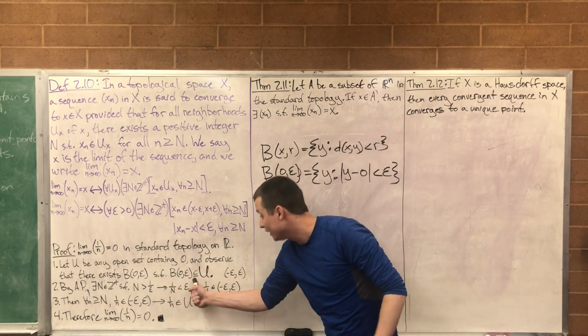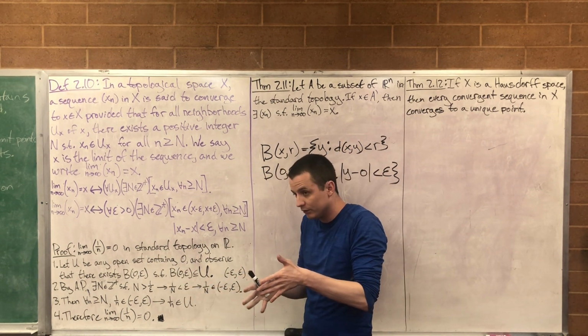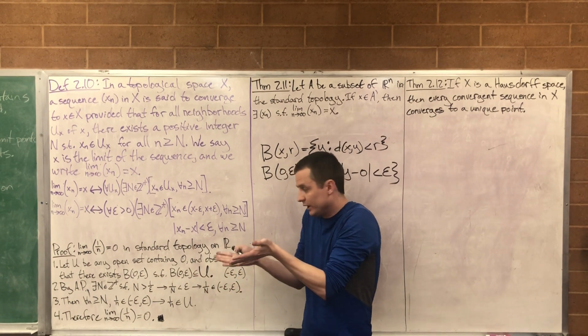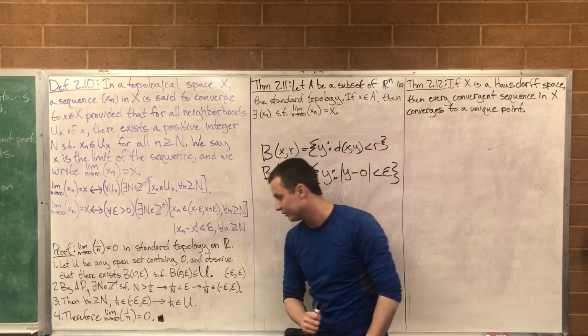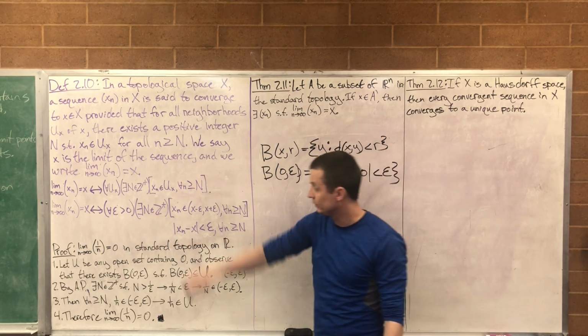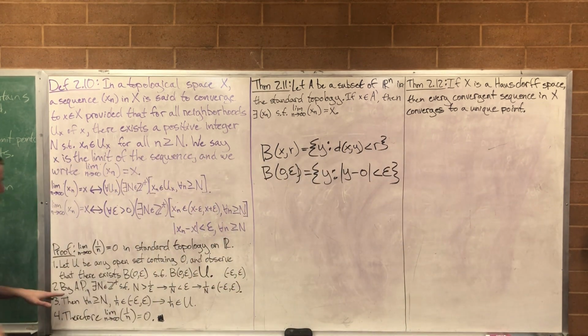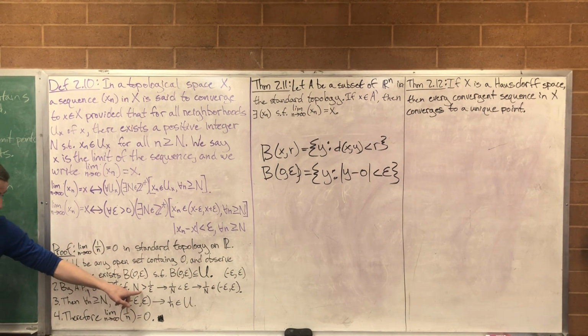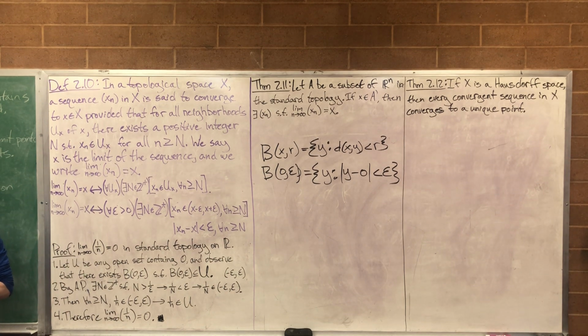So we know there must be some open ball containing 0 with some radius, we'll call it epsilon, such that that open ball is a subset of U. Now do exactly what we did before. By the Archimedean property, there exists some positive integer bigger than 1 over epsilon. 1 over epsilon is just a number, and I'm guaranteed that I can always find a positive integer bigger than any number you pick.